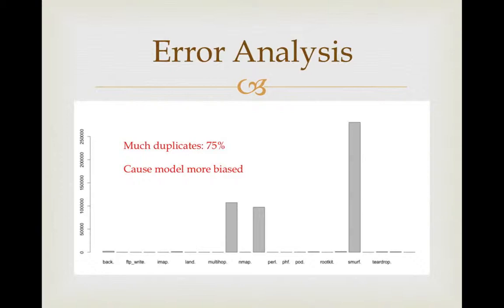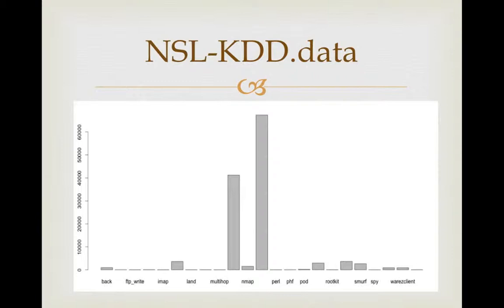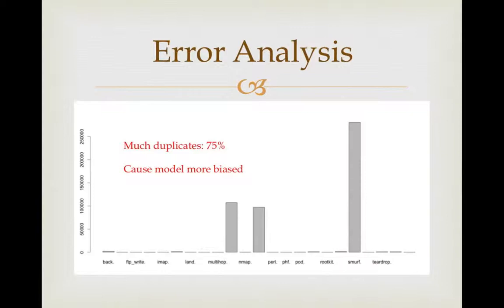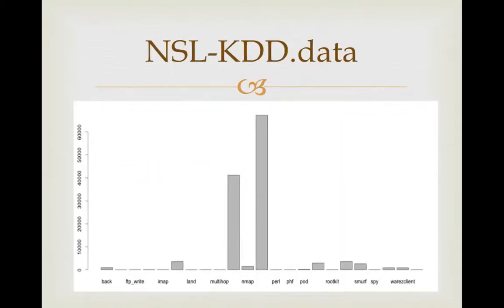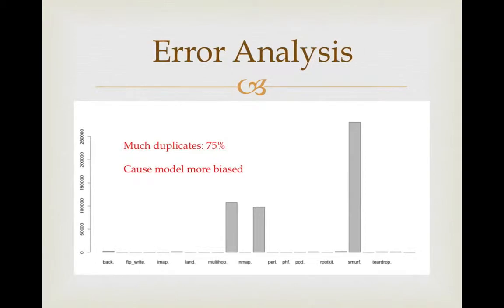So I think I need to find a more balanced distributed data set. So I chose the NSL KDD data. It may seem very high, but actually you can see that the top one contains 40,000, whereas the original one contains 2,500,000.